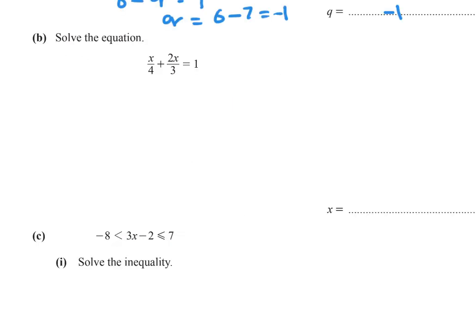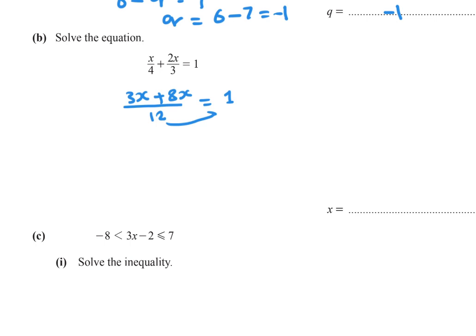B, solve the equation x over 4 plus 2x over 3 equals 1. You can make a single fraction for the left hand side. 3 times 4 equals 12. Then x multiplied by 3 equals 3x, plus 2x times 4 equals 8x, equals 1.